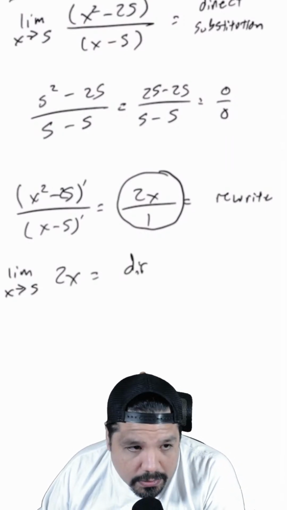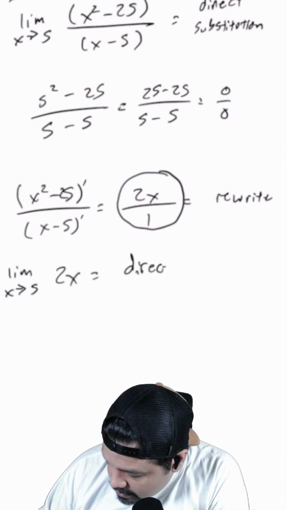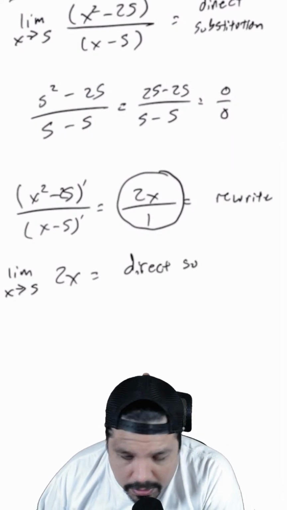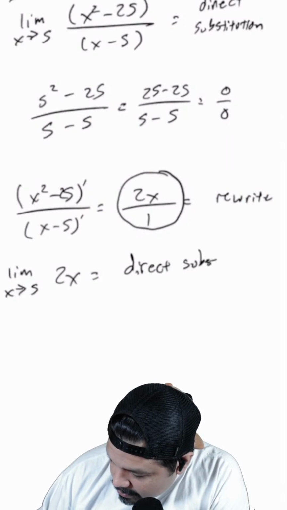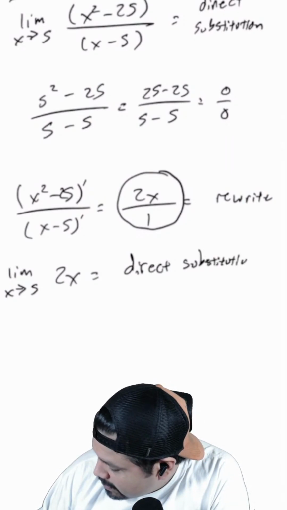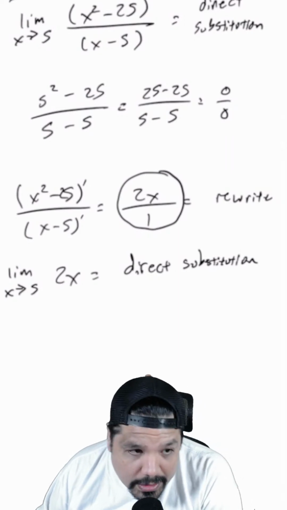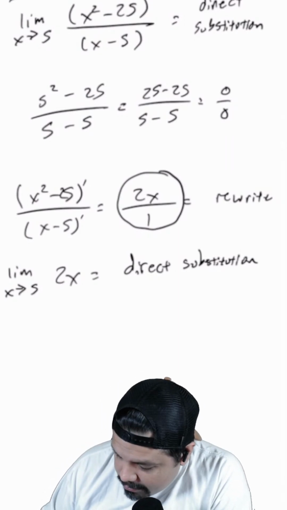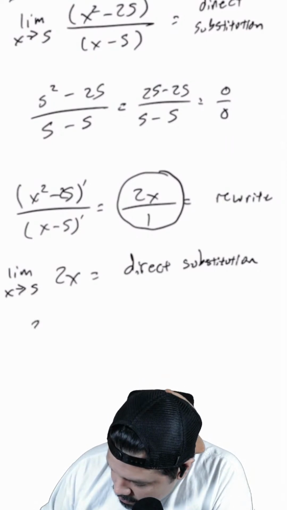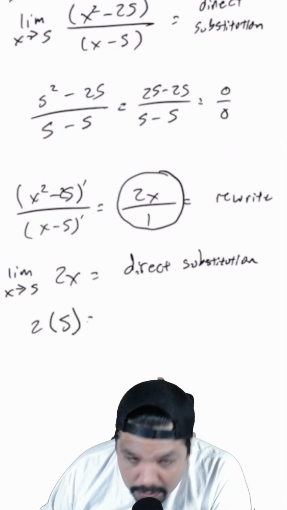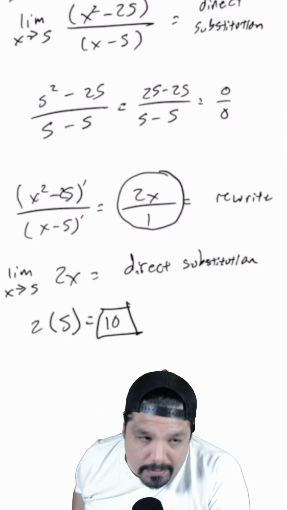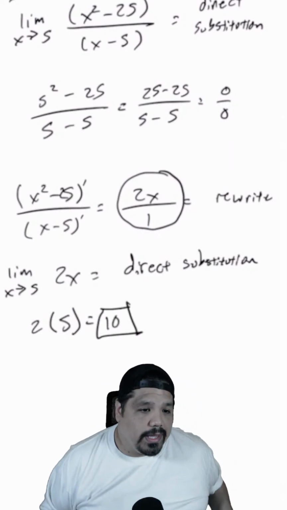We're going to try that direct substitution. You know that means that we got to put in 5 for x, right? 2 times 5 is 10. Therefore, we can conclude, right?